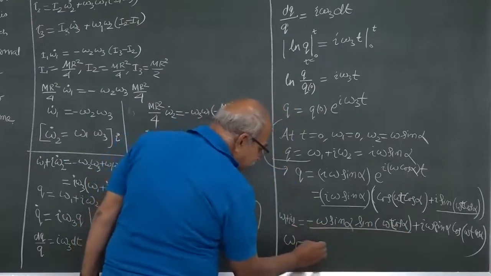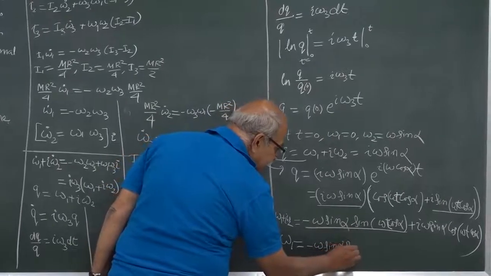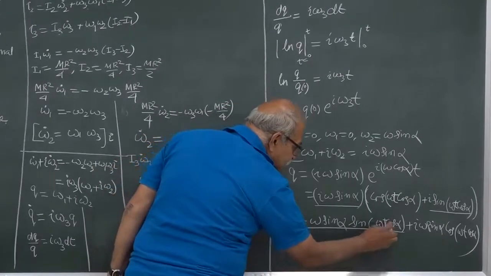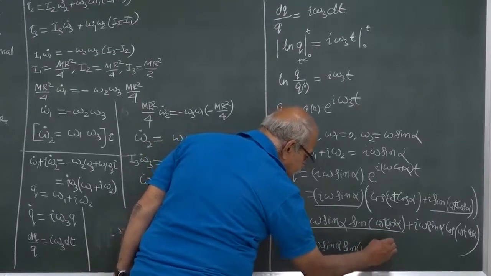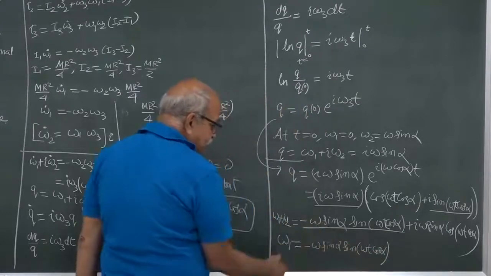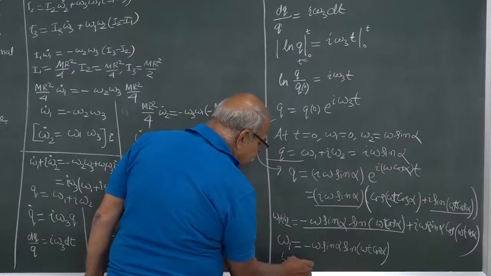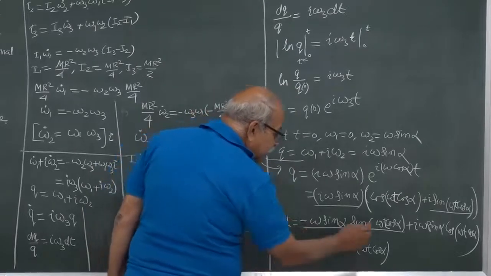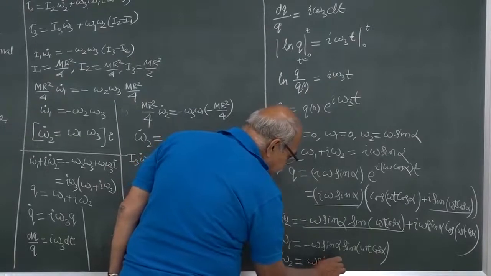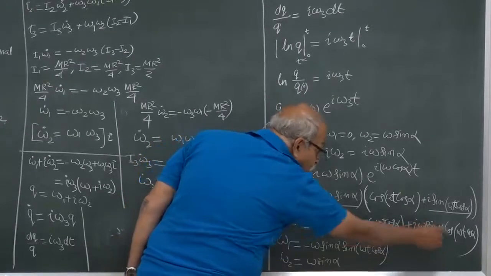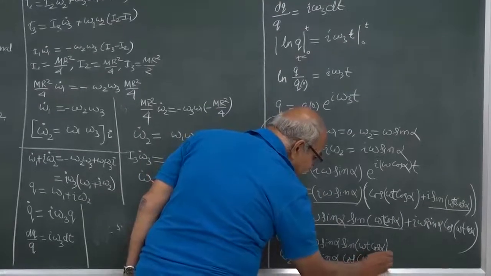So, omega 1 is minus omega sine alpha times sine of omega cos alpha times t, and omega 2 is equal to, what is omega 2? That imaginary part, and that is here, this is omega sine alpha times cos of omega t cos alpha.